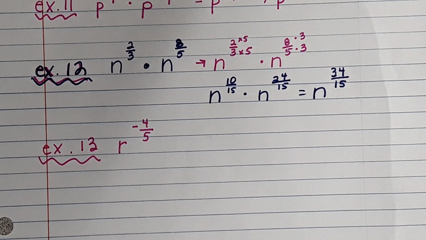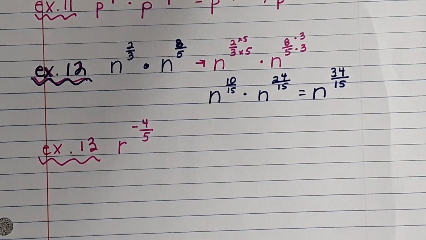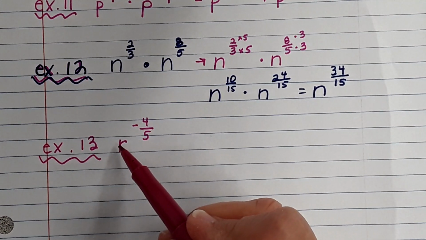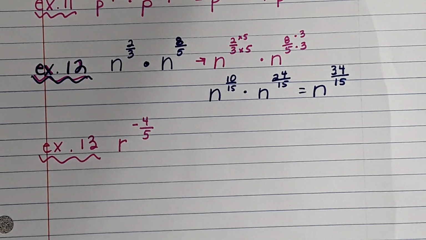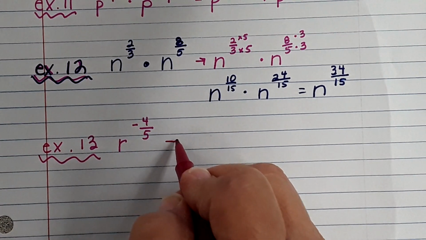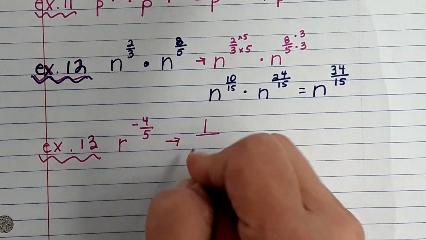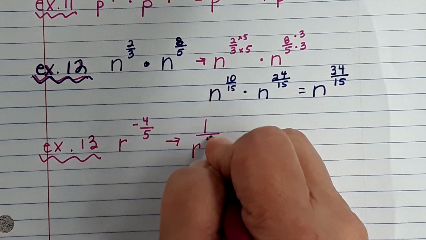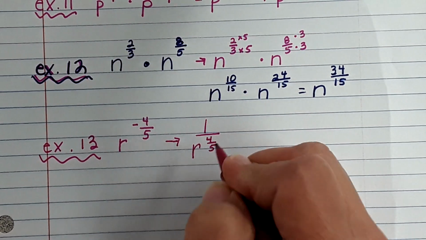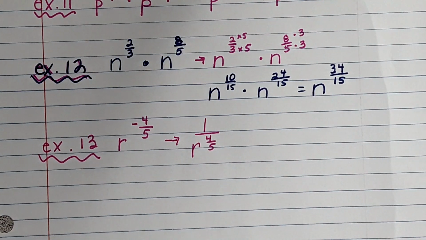And we've also talked about negative exponents. Okay, so you should never have a negative exponent. So that's the first thing that we're going to deal with. Since the number in front of r is 1, since there's nothing there, it's 1, we're going to rewrite this as 1 over r to the 4/5. Okay, so that's the first thing, is no negative exponents.